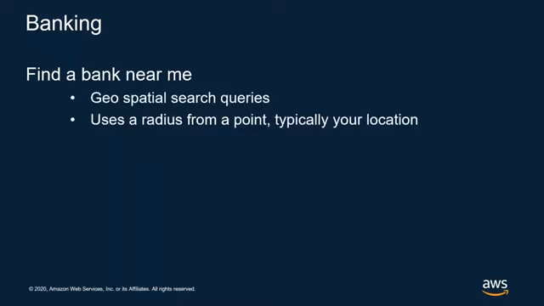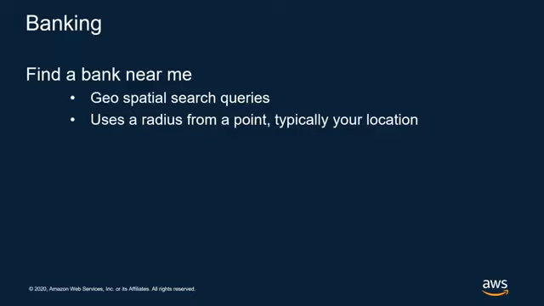So the Amazon Elasticsearch service and Elasticsearch in general has a geospatial data type that you can provide lat and long coordinates. And with these lat and long coordinates, you can do things such as a radius from a point. And typically this point's going to be your location, and you might say in your search request, I want to find any banks or ATMs near me within 5 miles.